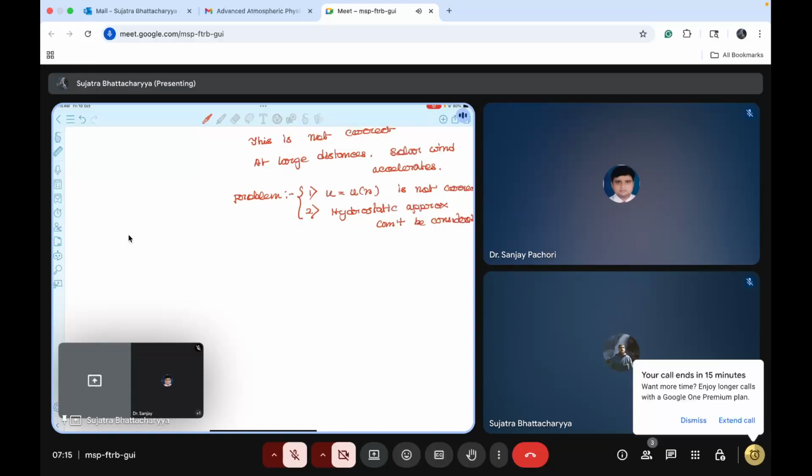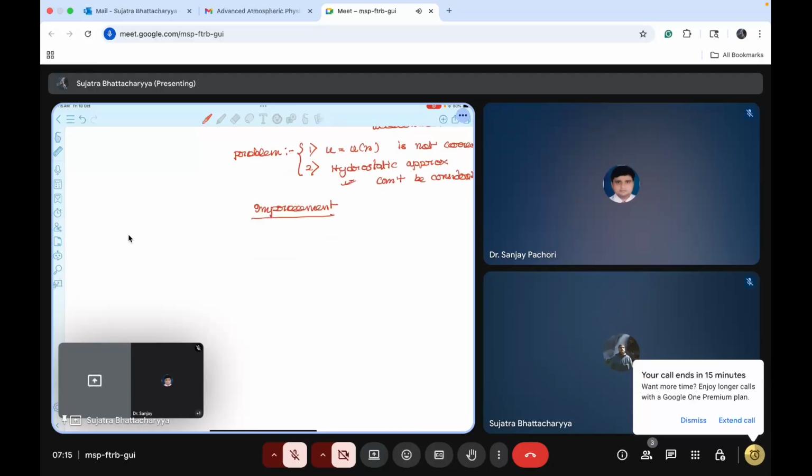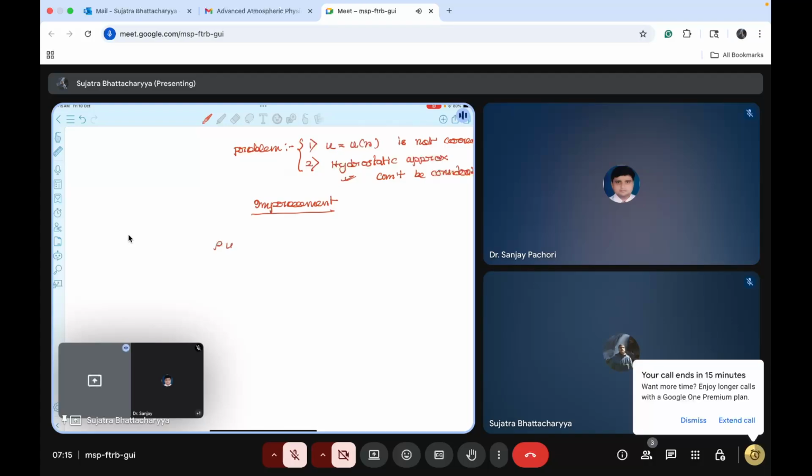So we will start again, with the improvement, that is without taking these two things. You start with rho u du dr is equal to minus dp dr minus rho GM by r square.